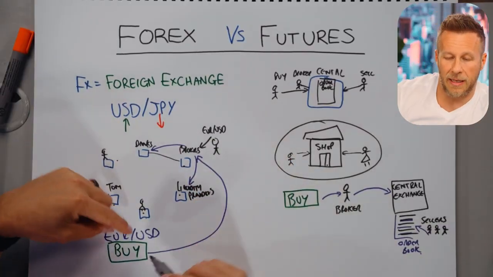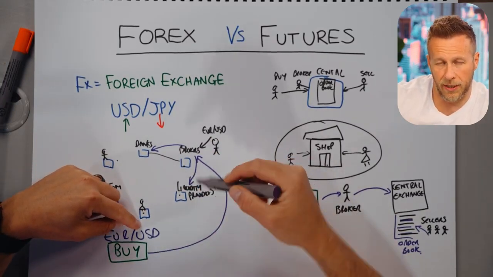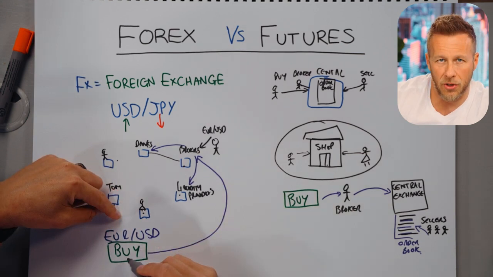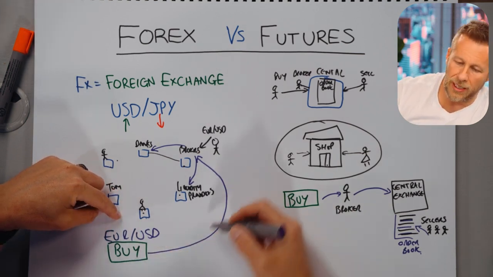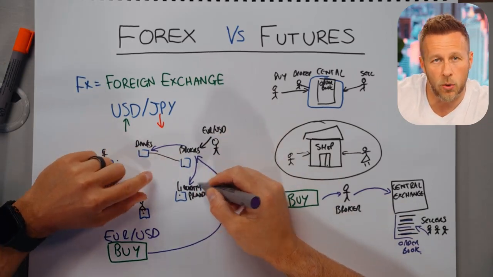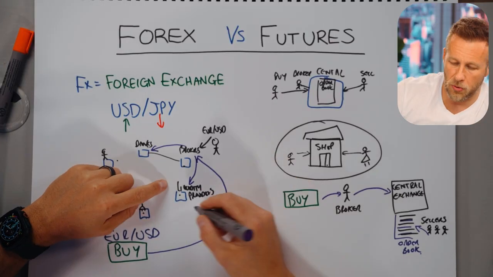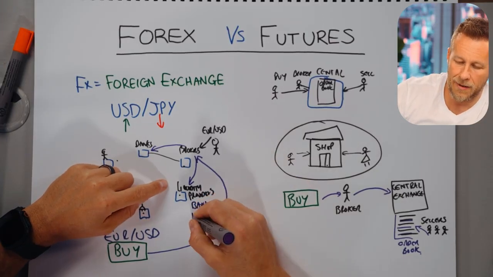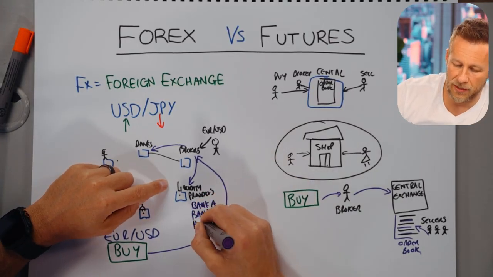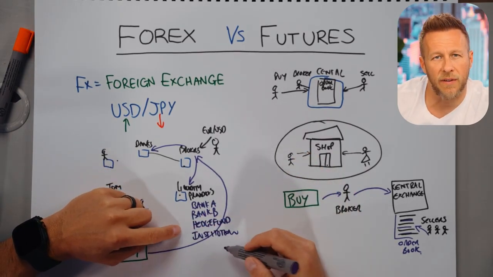Here's what happens step by step when you click buy in Forex and it goes to a liquidity provider. You click buy on EUR/USD on your trading platform. Your order goes to your broker. Your broker then sends that order to its liquidity network, which might include several liquidity providers, for example bank A, bank B, a hedge fund, or an institution, and then the broker chooses the best available price.